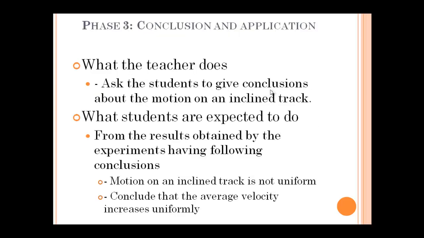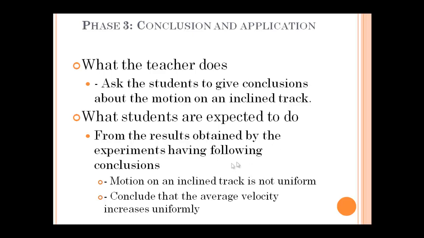I will ask them to give conclusions about motion on an inclined track after the experiment, and students are expected to do so from the results obtained by the experiment.